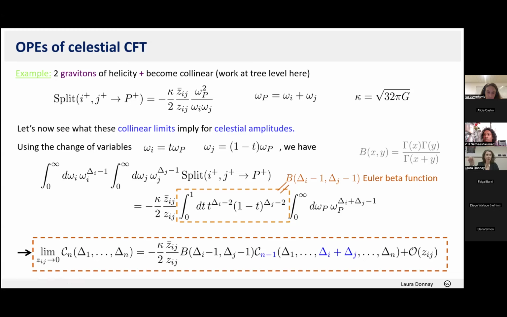It implies an OPE coefficient, because you have your celestial sphere with many insertions at different points, and now you're taking two of these points to be very close to each other. And this is what is going to give you, as we see, a new celestial amplitude with one insertion less. And it's exactly a statement of an OPE.